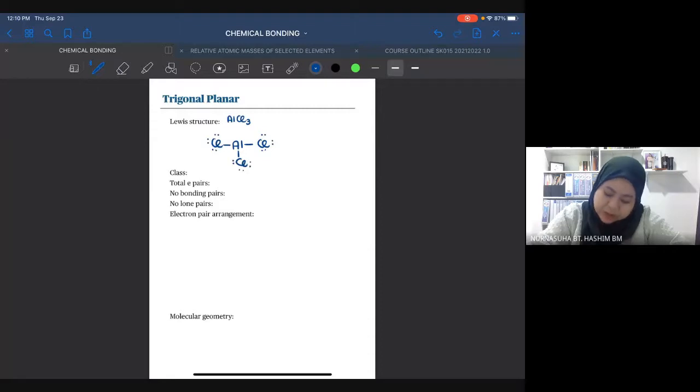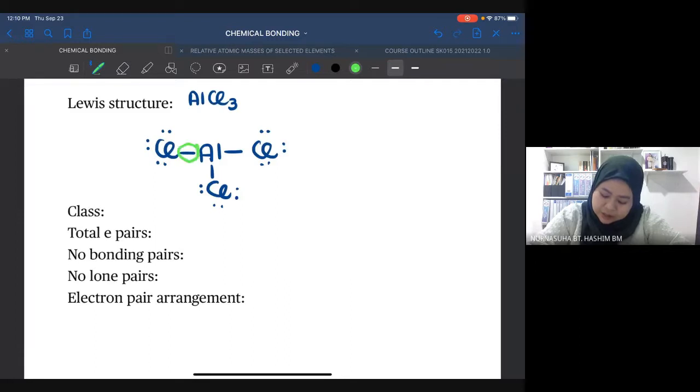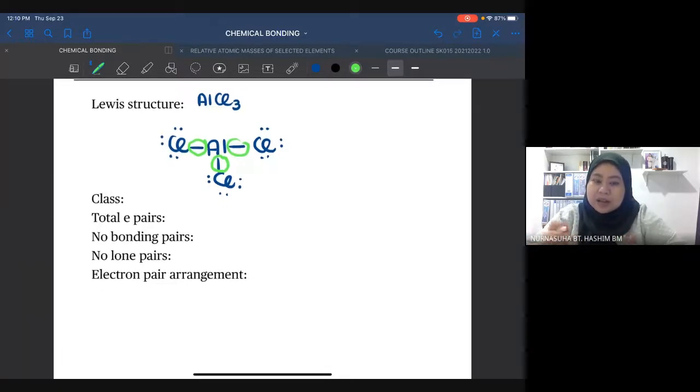So according to VSEPR theory, okay, electron pair, dia repel one another, dia tolak menolak satu sama lain. Kenapa dia tolak? Sebab dia tak nak dekat. Sebab electron will repulse, dia akan tolak menolak antara satu sama lain.